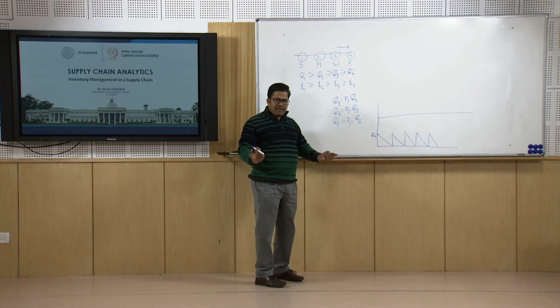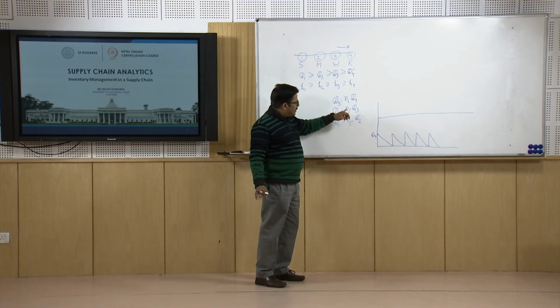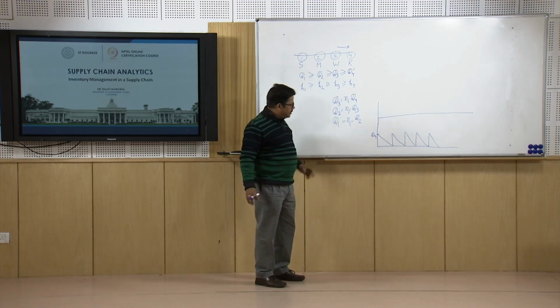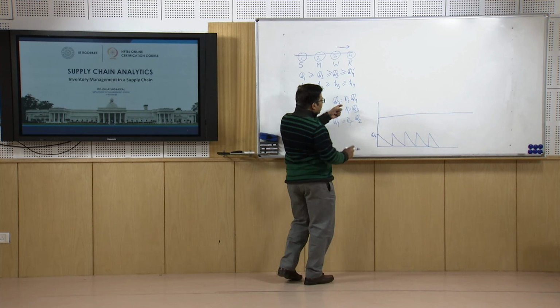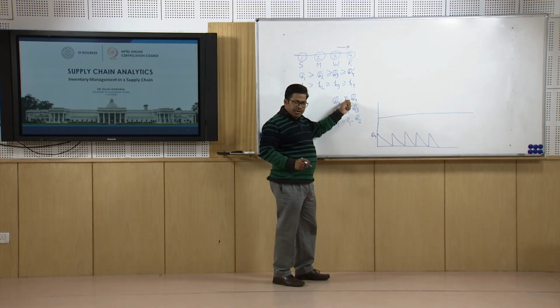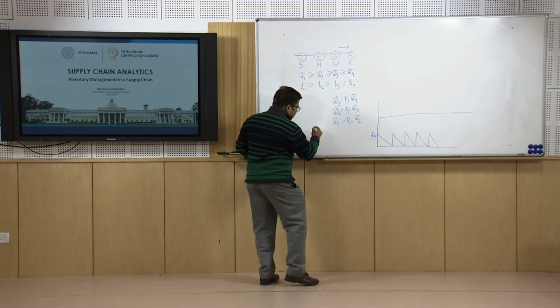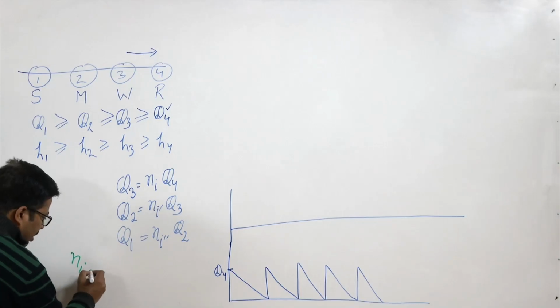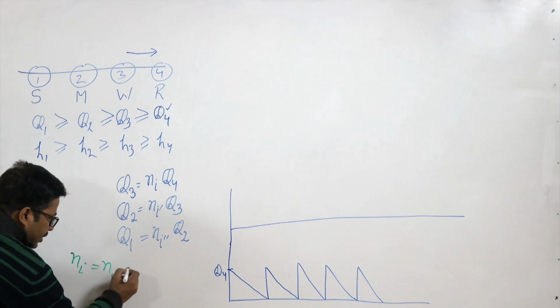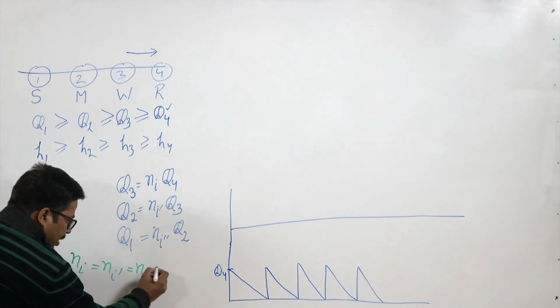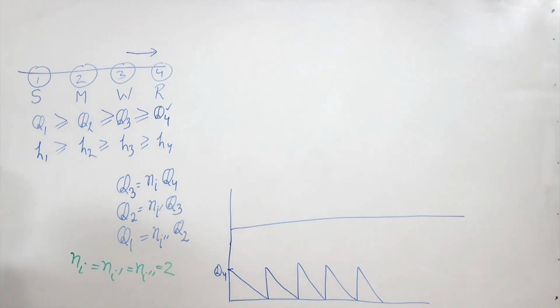Just for the purpose of our understanding, all these values are 2, 2, 2 each. So Q3 is actually 2Q4, since Ni equals Ni dash equals Ni double dash equals 2.